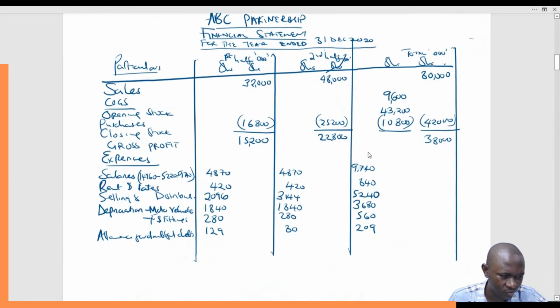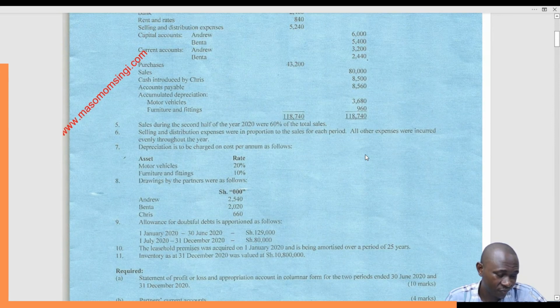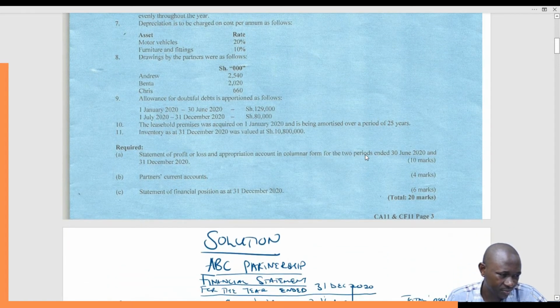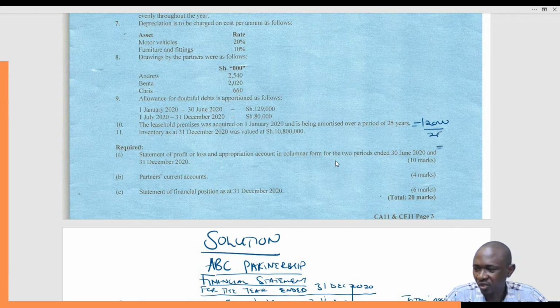So to get the lease per year, you simply take 12,000 divided by 25. What do we get? We'll get 480. This is a cost for the whole year.